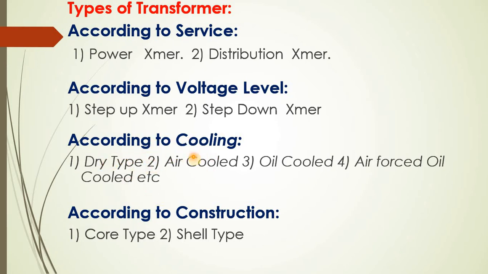Depending upon the different conditions, different cooling methods are employed, and that is decided by the position where the transformer is actually erected. According to construction means core type transformer and shell type transformer. We can see them in detail in the coming slides.